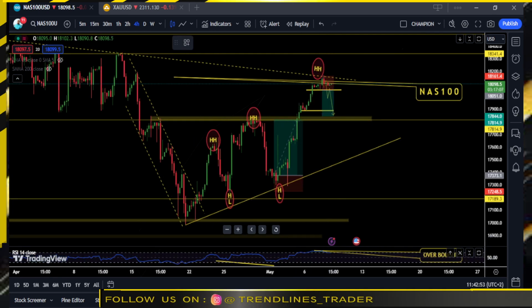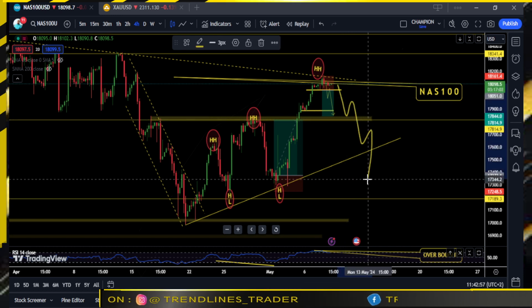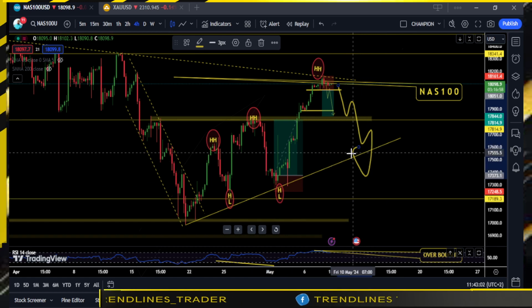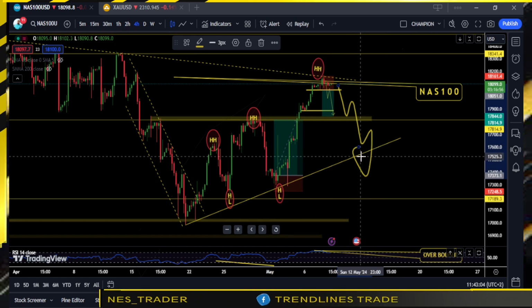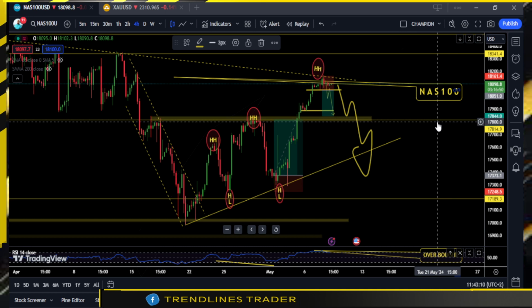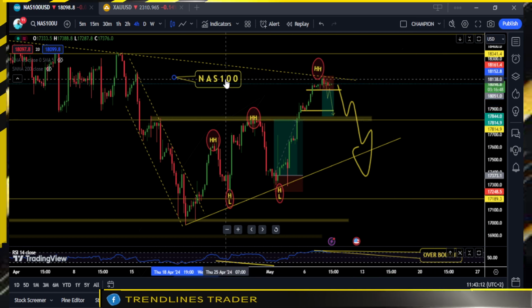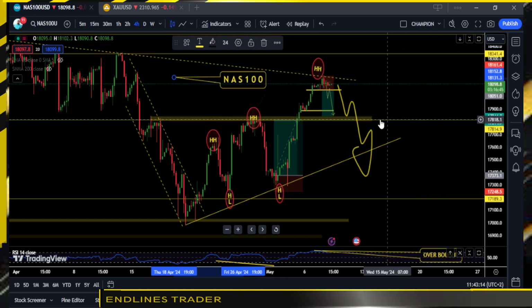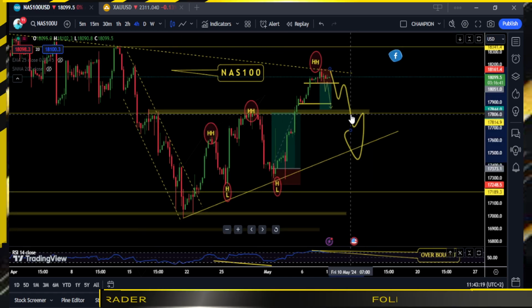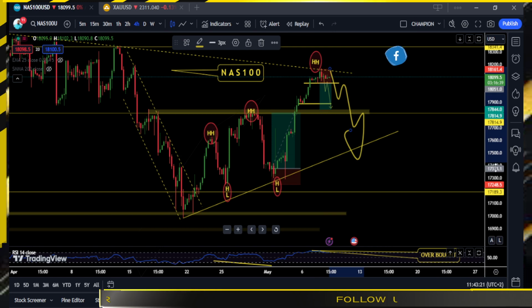Let me close our indicator RSI. Before I remove my yesterday analysis, I was expecting the price to move towards the downside, to come and retest this area, to give us our higher low. That's what I'm expecting to witness.